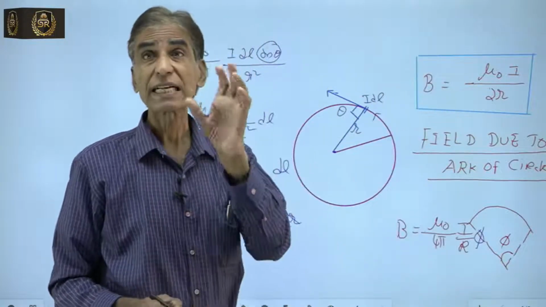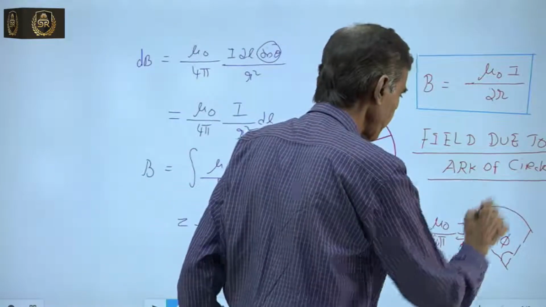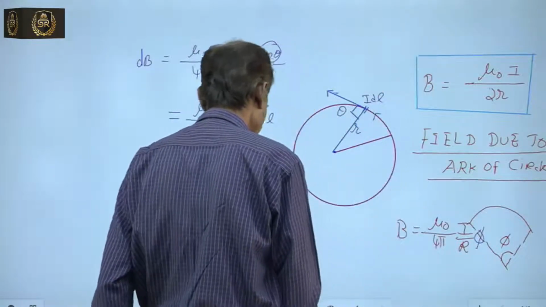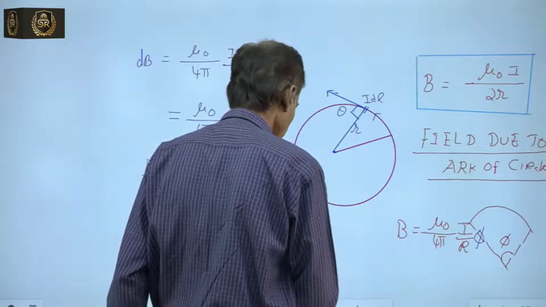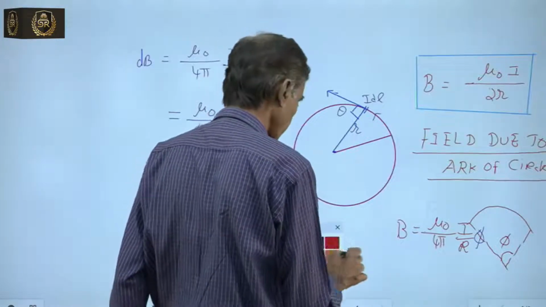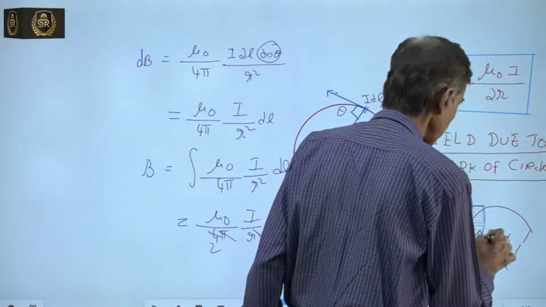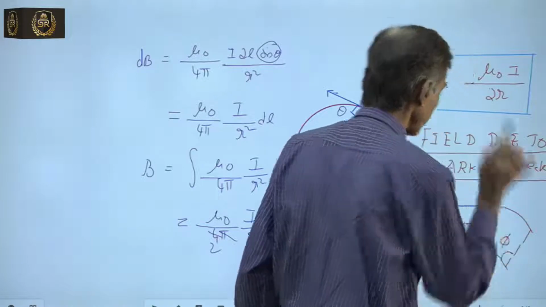Phi is the arc angle at the center of the circle. Therefore, this is a general formula that we can use for any circular arc. We need not remember different formulae.